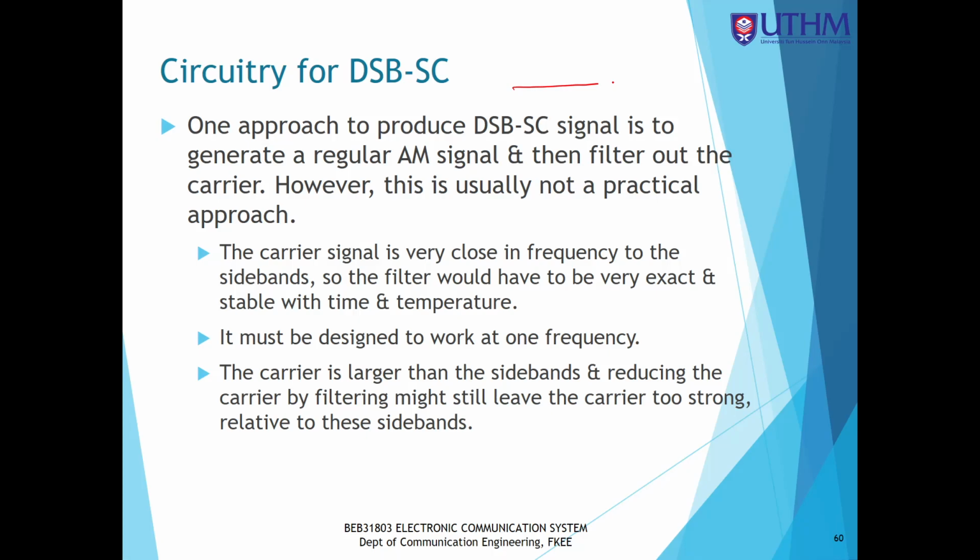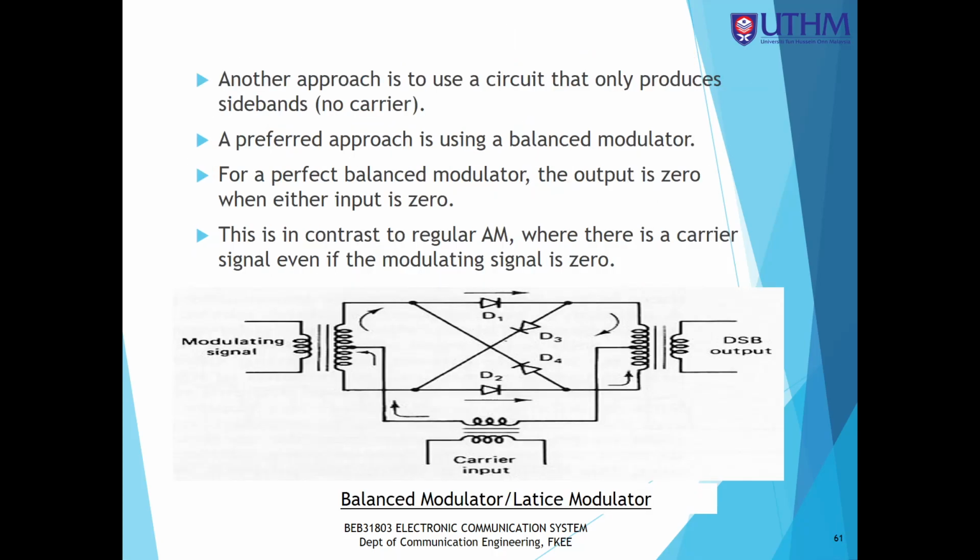Remember, double sideband suppressed carrier only consists of the lower sideband and the upper sideband, and the carrier component has been suppressed completely. Double sideband suppressed carrier can be generated using the balanced modulator, or what we call the lattice modulator.